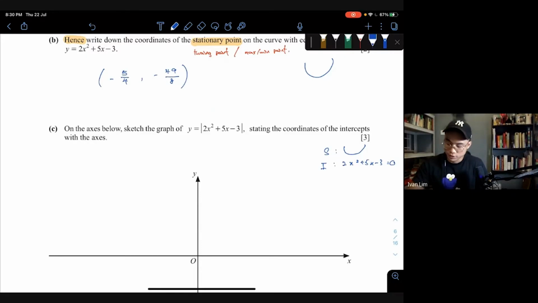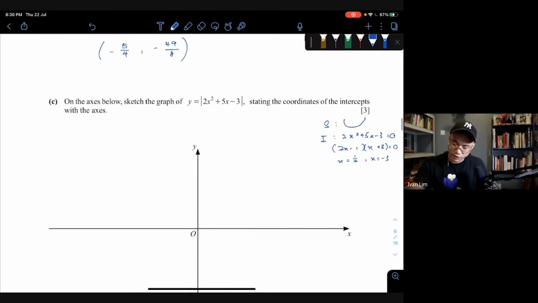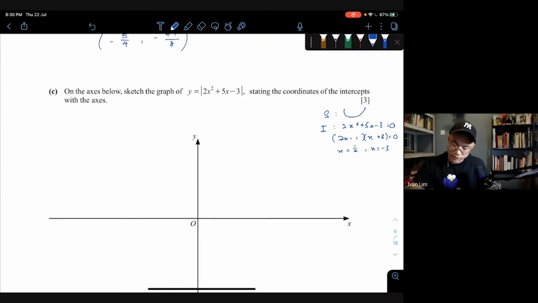You will get (2x minus 1)(x plus 3) equals 0. Therefore x equals 1 over 2, x equals minus 3. So these are your x-intercepts. And then the y-intercept will be 0, negative 3.